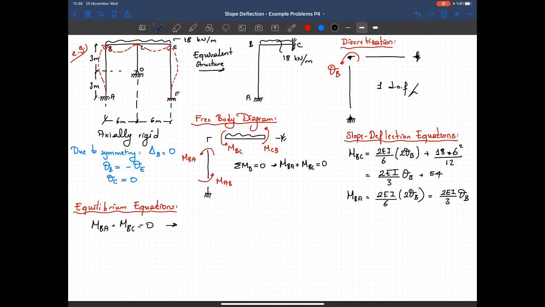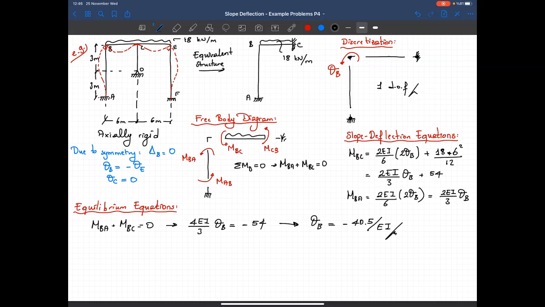This tells me that 4EI over 3 theta B must be equal to minus 54, and from that we obtain theta B as equal to minus 40.5 divided by EI, and that's the value of the rotation.